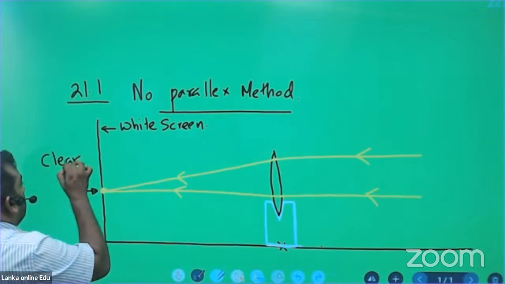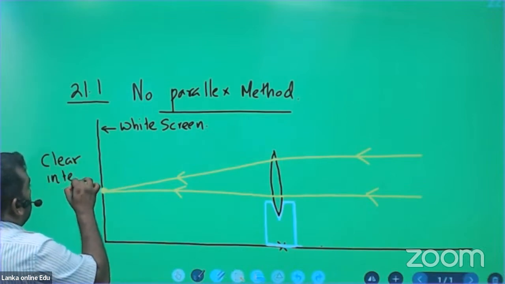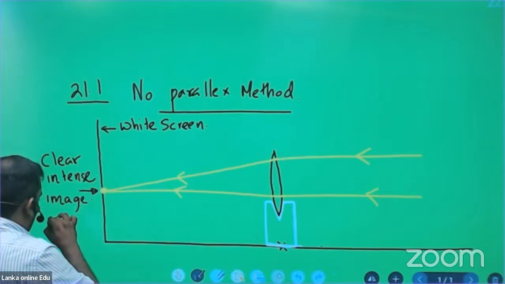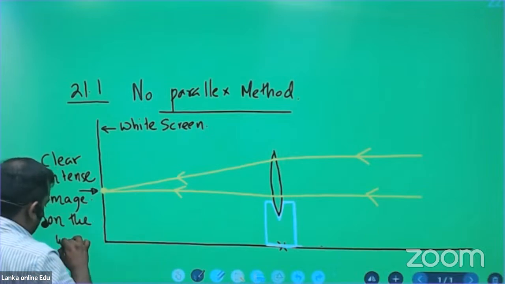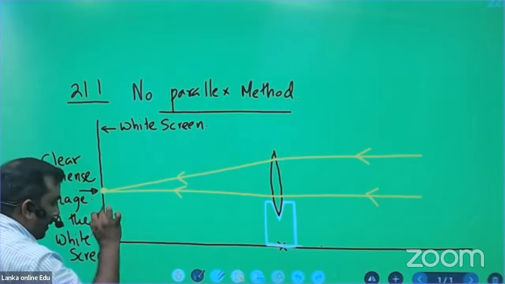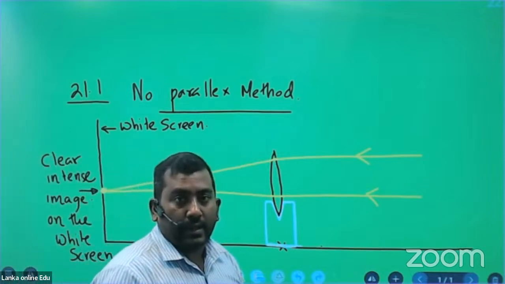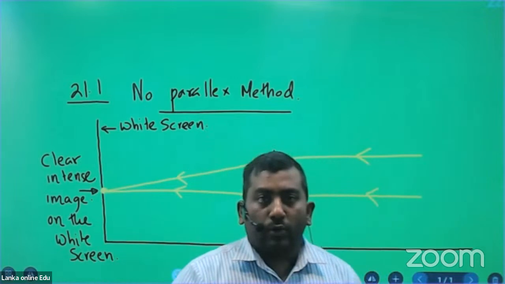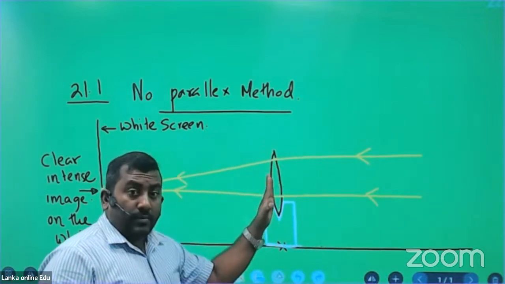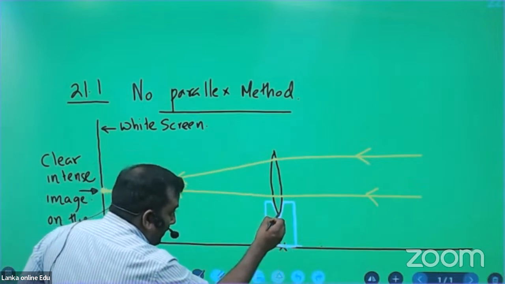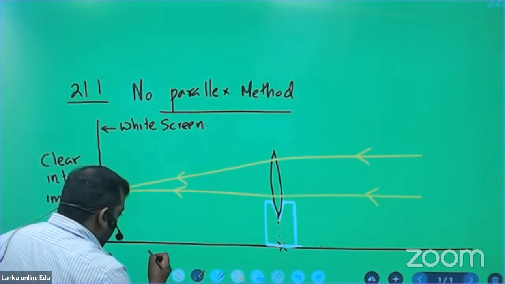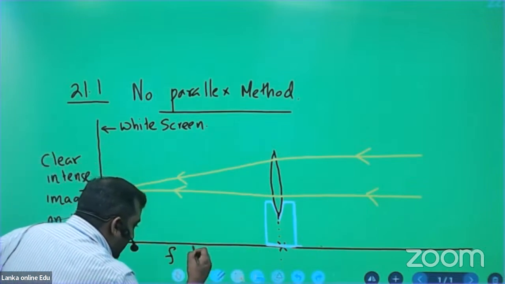A clear intense image on the white screen. Now what does that mean? If you get a clear intense image on the white screen, then from the midpoint of the wooden support to the screen, we measure the length.